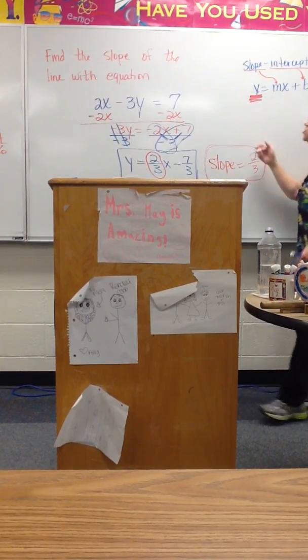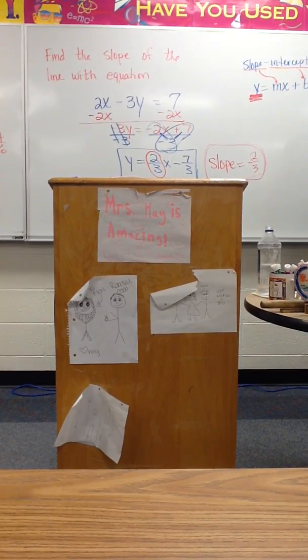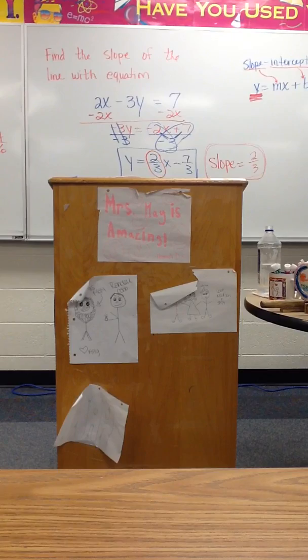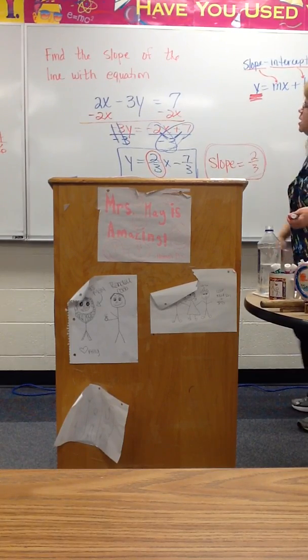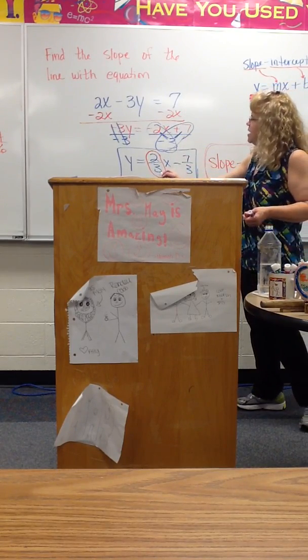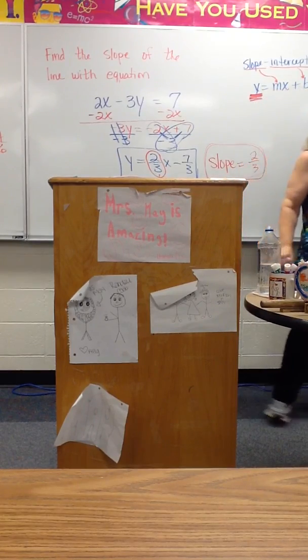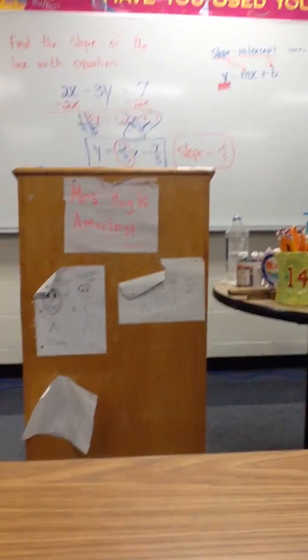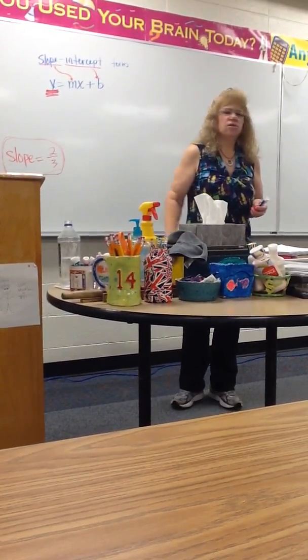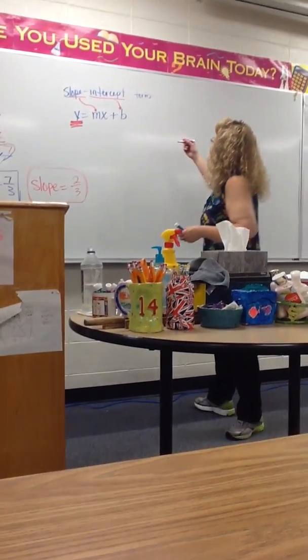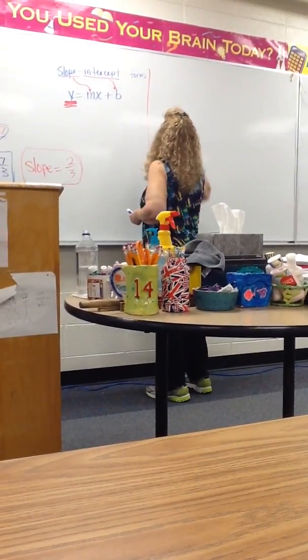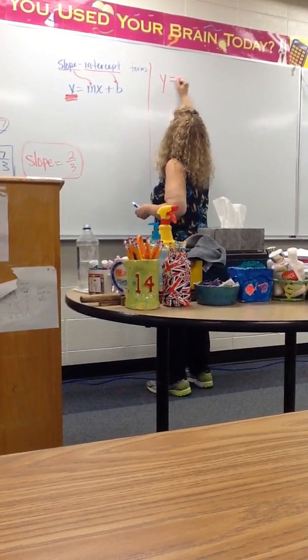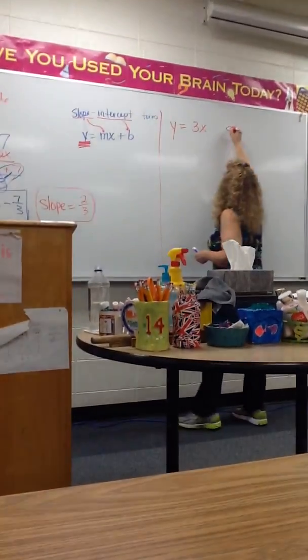So all you have to do is solve the equation for y. There really isn't a whole lot of math, not a whole bunch of steps, but just solve it for y, and then whatever's in front of the x, that's the slope of the line. Isn't that easy? Do you have a question on that one? What if I have y equals 3x?